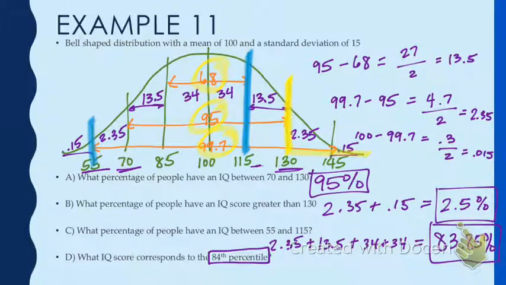What score has 84% below and 16% above? 115. How'd you get that? When you added all those up, you got 83.85, which is 84, so you go to that one. Perfect.